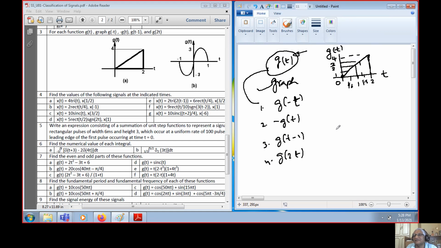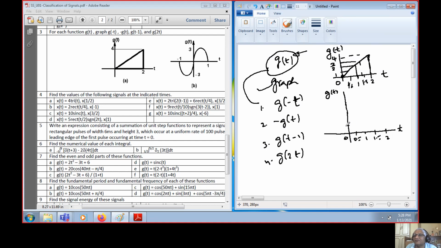What you have to basically do is have the graph on a larger scale like this, and you locate g(t). So it is 0, then 0.5, then 1, 1.5, 2, and so on.